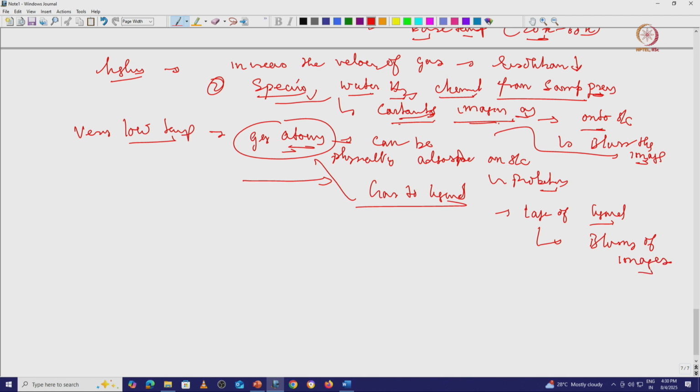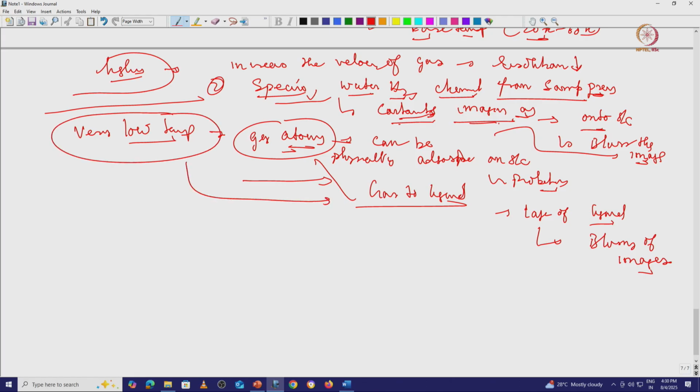So the temperature should be optimum: it should not be very high, and it should not be very low, especially lower than the gas-to-liquid transition temperature. For helium it should be less than 20 Kelvin. For other gases we usually use higher temperatures, more than 30 Kelvin, for example for neon.